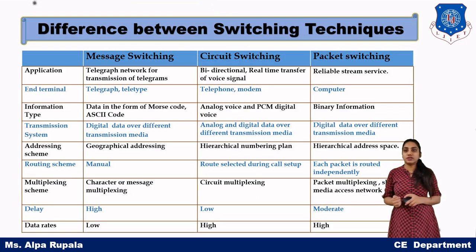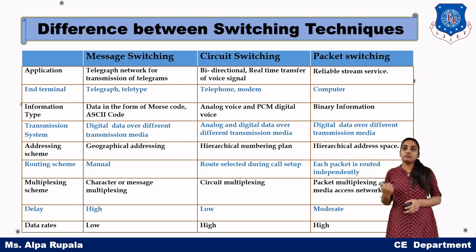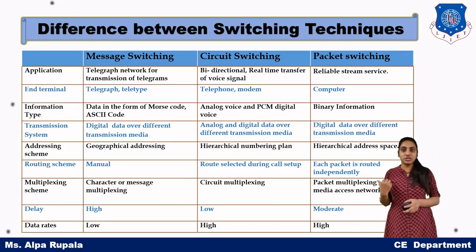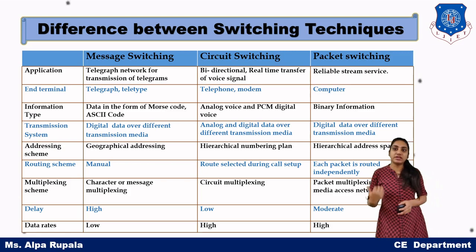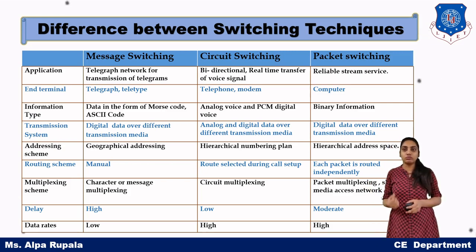Now the next one is the difference between switching techniques. First of all, application. Message switching is used in a telegraph network, circuit switching in a bidirectional real-time transfer network, and packet switching in real-time streaming services. Terminals: in message switching, telegraph and teletype; in circuit switching, telephone and modem; and in packet switching, computers.